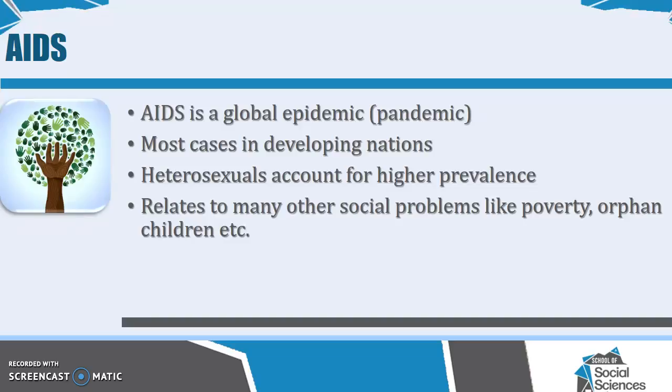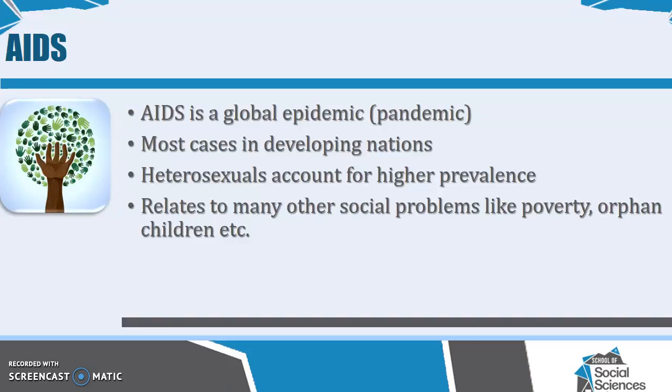Now, AIDS is one of the major illnesses of our century. Very little was known about AIDS before 1980. It was considered a non-threatening illness. But now it is a pandemic, meaning that it is a global epidemic.